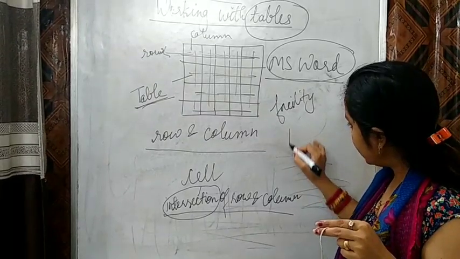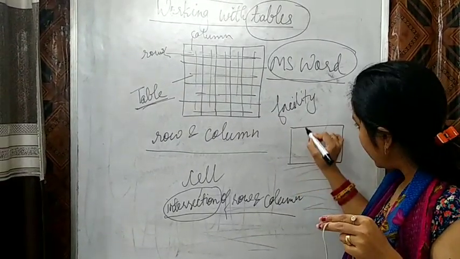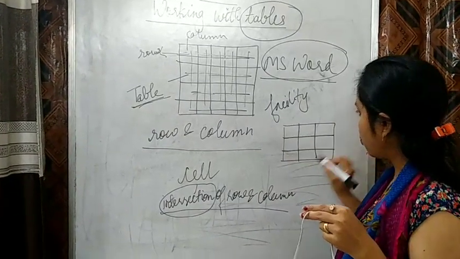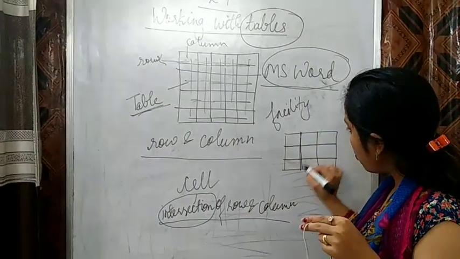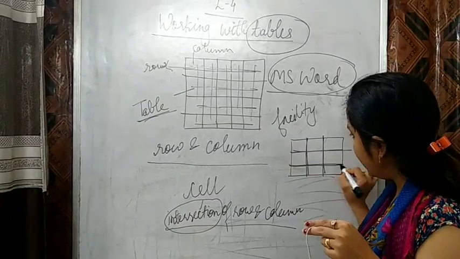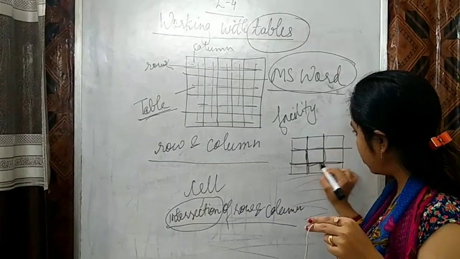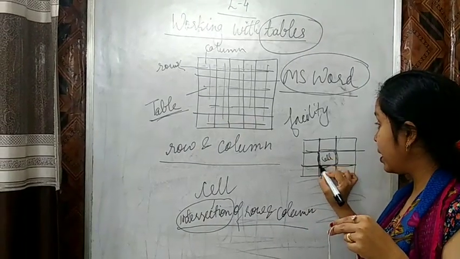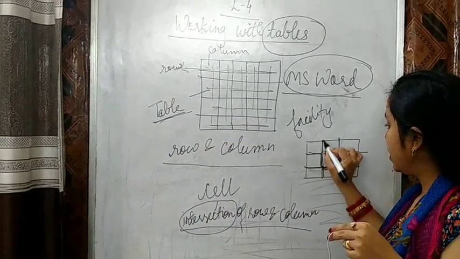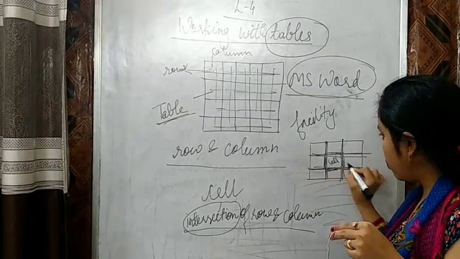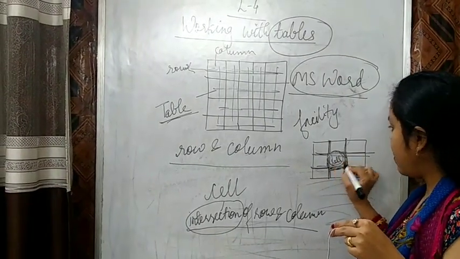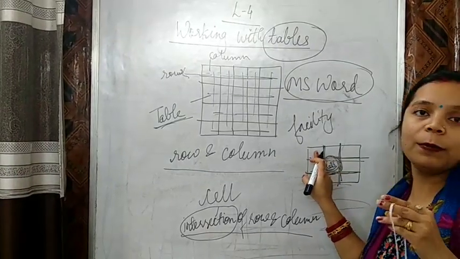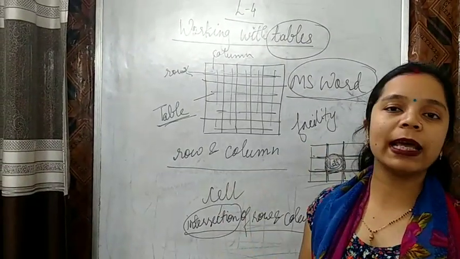Suppose if this is your table, in this, these are your columns and these are your rows. Where row and column meet, this single box, this one box is known as cell. So that's why it is called intersection of row and column. This column and this row, where these meet, that part is known as cell. So the single box of a table is known as cell.